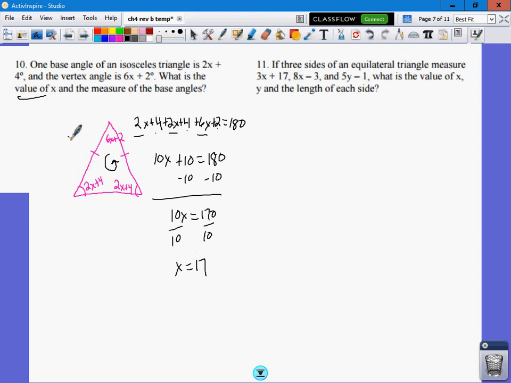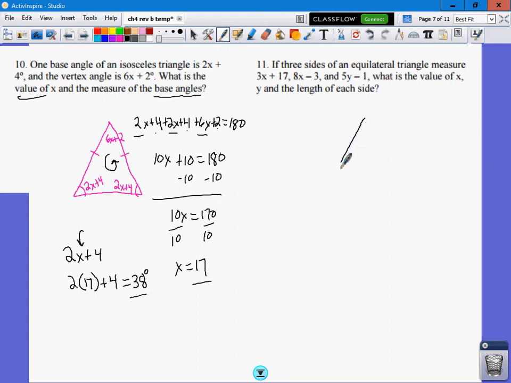Remember, this is only part of my problem. They also asked me for the measure of the base angles. So the base angles were 2x plus 4. I'm going to replace that x with the 17 that I just found. 2 times 17 is 34, plus the 4 makes each of the base angles 38 degrees. There are my two solutions.